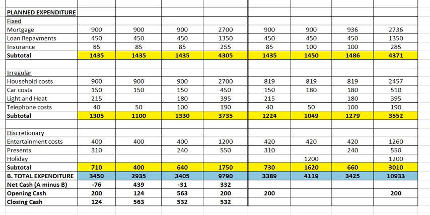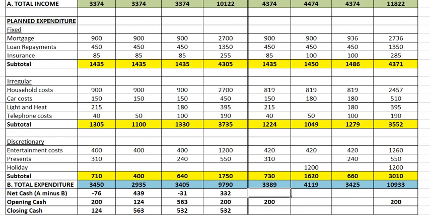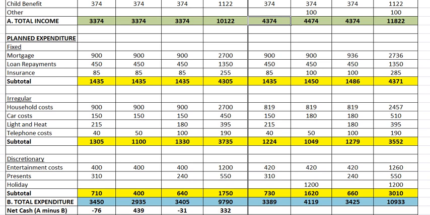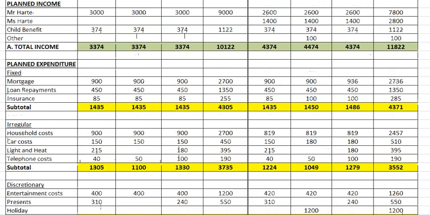Okay, so now we're going to have to work out the net cash each month, how much they have left over each month. So this is what they're earning, this is what they're spending. How much is left over in net cash each month? In July, it looks like they are, sorry, I've made a mistake here.